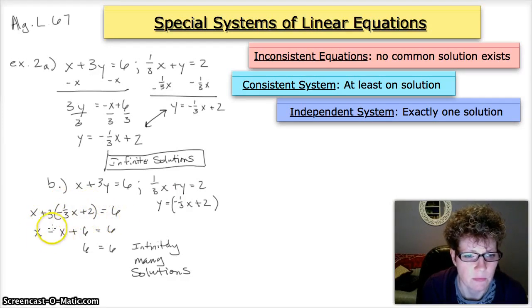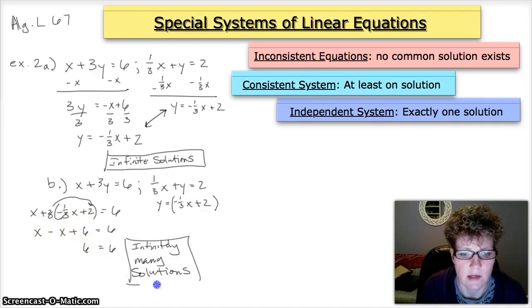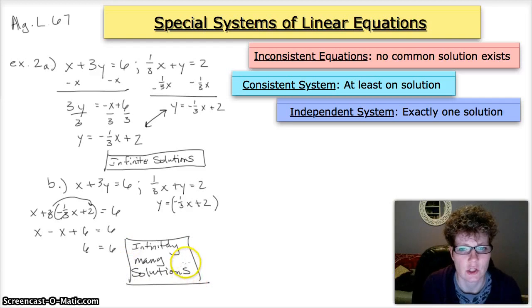So I have x plus, I'm going to distribute: 3 times negative 1/3 is, this is all going to cancel and be negative 1x. And then we have plus 3 times 2, which is 6. So x minus x is 0, plus 6 is 6. 6 equals 6. And so we see that it has infinitely many solutions.